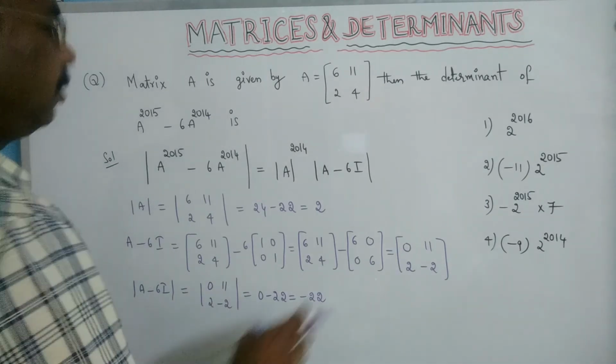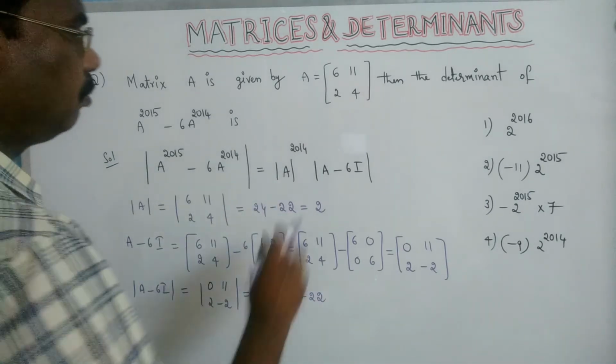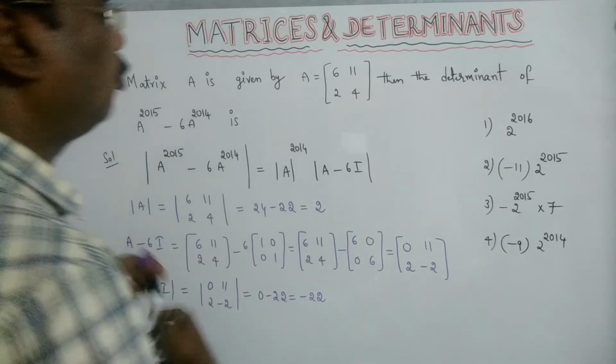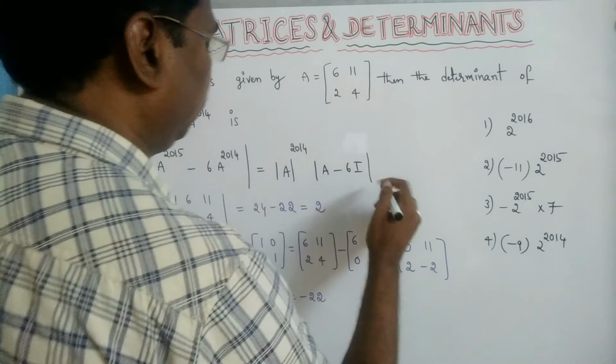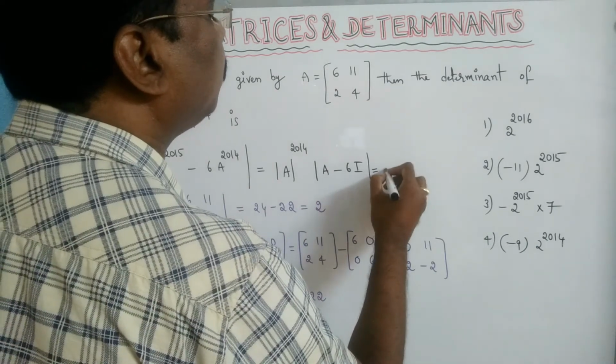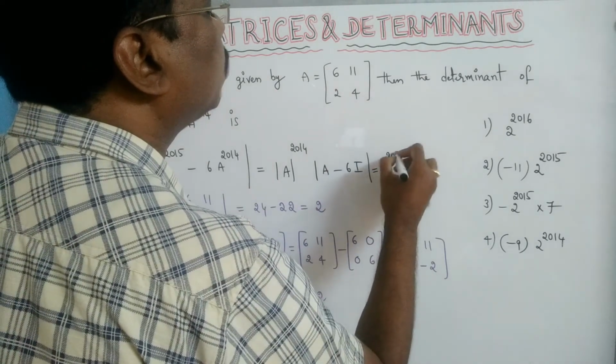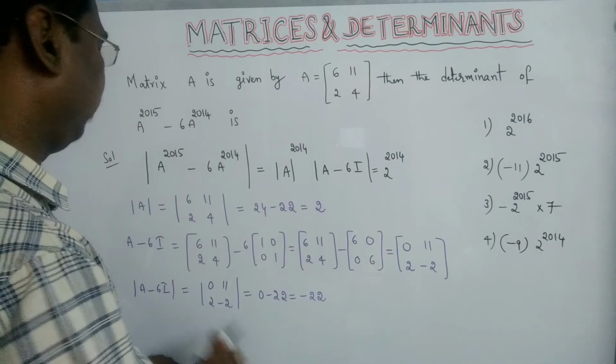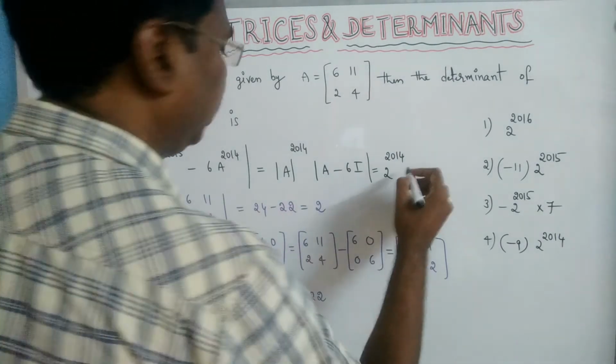Okay, now here det A value is 2 power 2014, and det of A minus 6I value is minus 22.